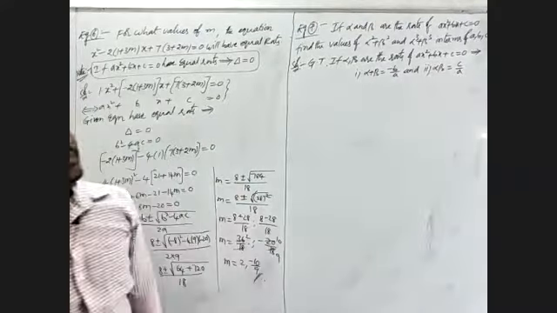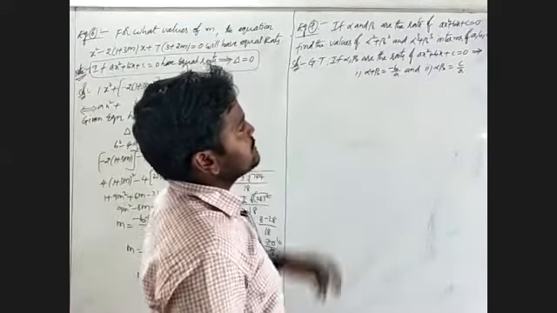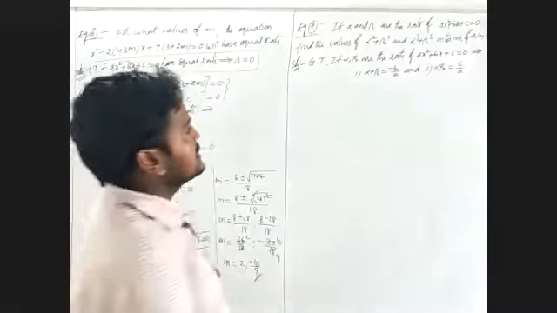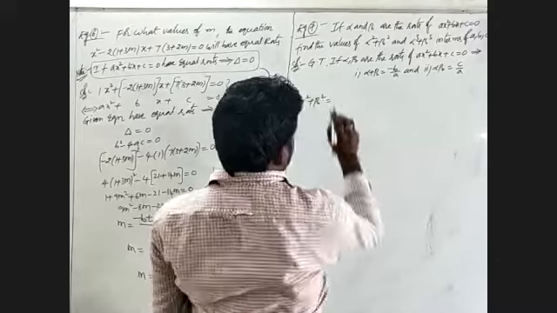The first one can be written as alpha square plus beta square in terms of a, b, c. First we'll write alpha square plus beta square is equal to.